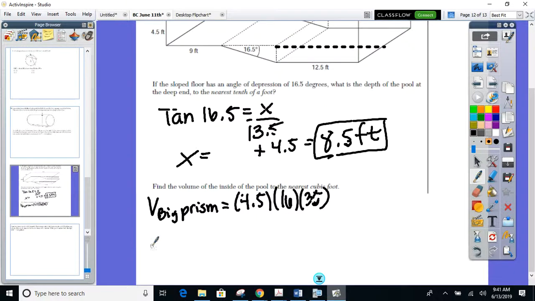It's still a rectangular prism. I guess a little prism, not very mathematical.